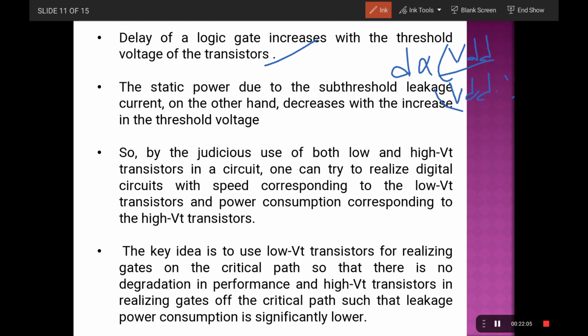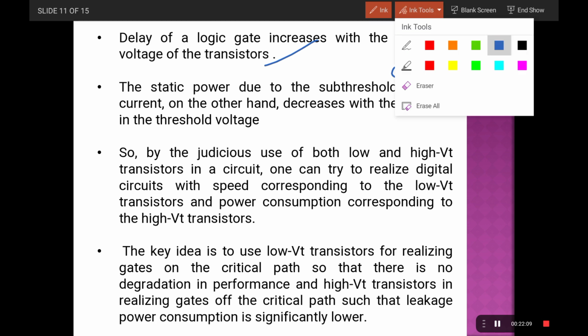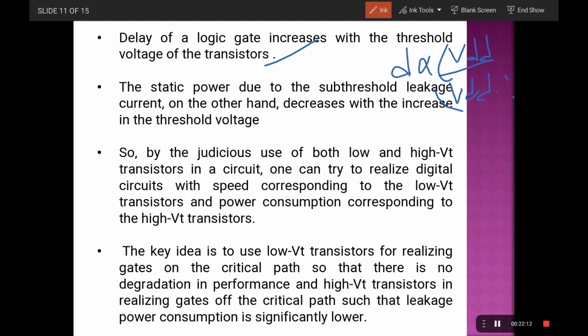If you want to reduce the leakage current in the device, the alternative is to increase the threshold voltage. Whenever you increase the high threshold voltage, the leakage current decreases. As well, if you want to maintain better performance, obviously you have to maintain the low threshold.